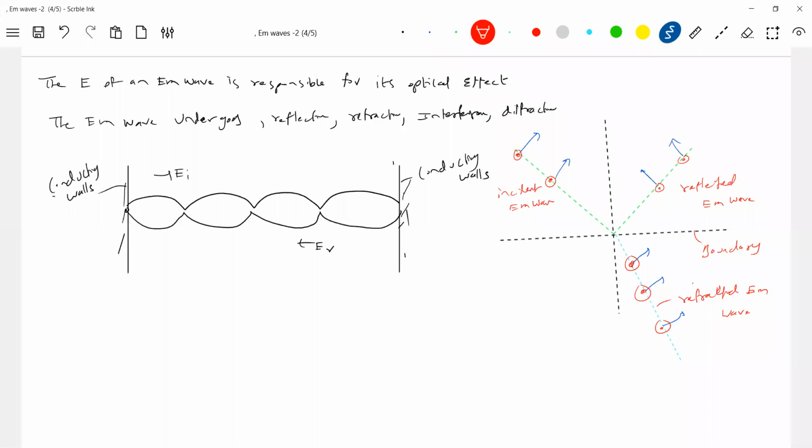So you have to show that E bar and B bar are always perpendicular, and there's a direction of propagation. V1 you call the first medium, and in this medium, V2. This is standing waves.